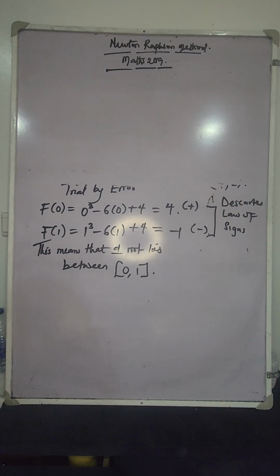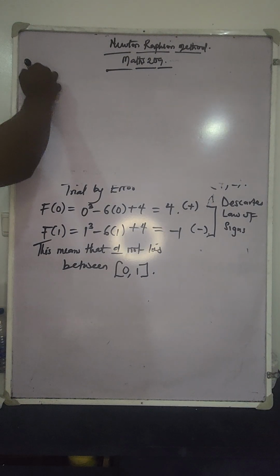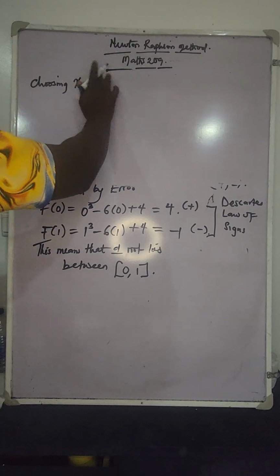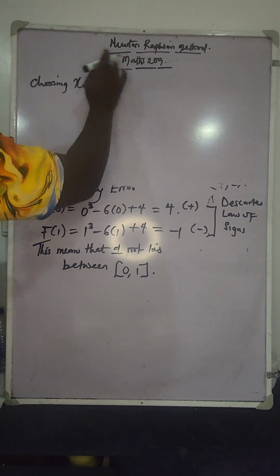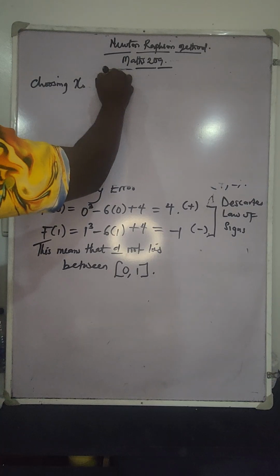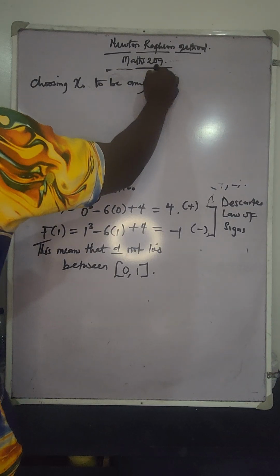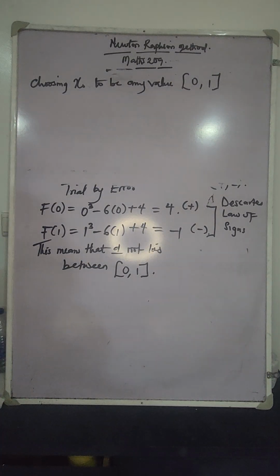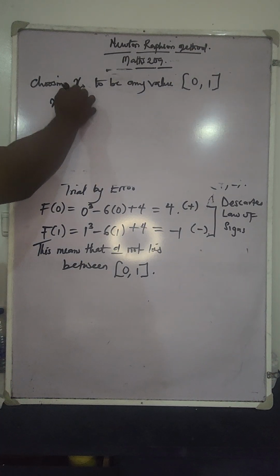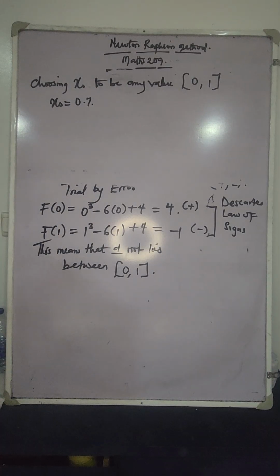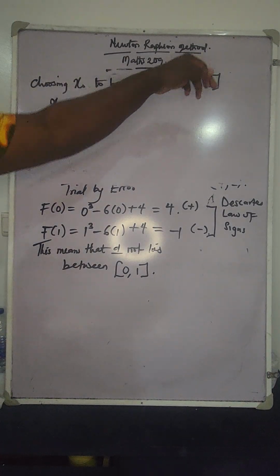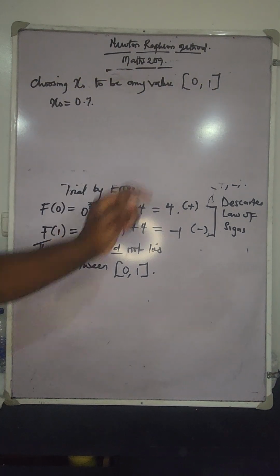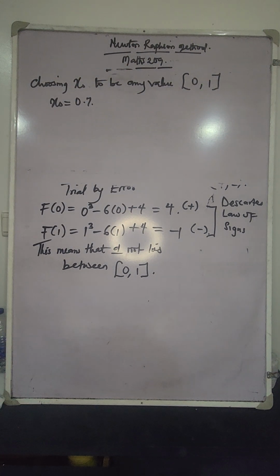Then we say, choosing our x naught to be any value between 0 and 1, we choose any value in the interval of 0 and 1. So we say x naught should be 0.7.